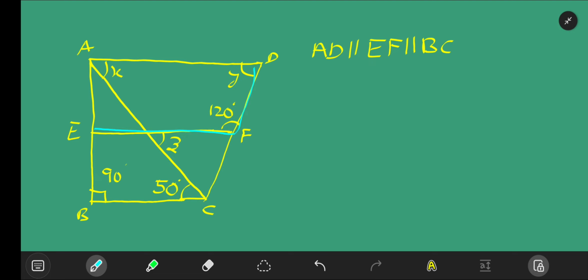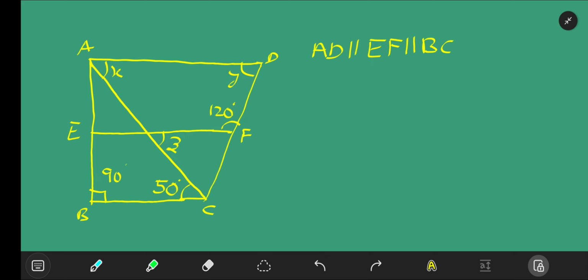EFD, this angle is 120, and EBC, this angle is 90 degrees. This information is given in the question and they are asking for this Z angle, Y angle and X angle. These values they are asking.